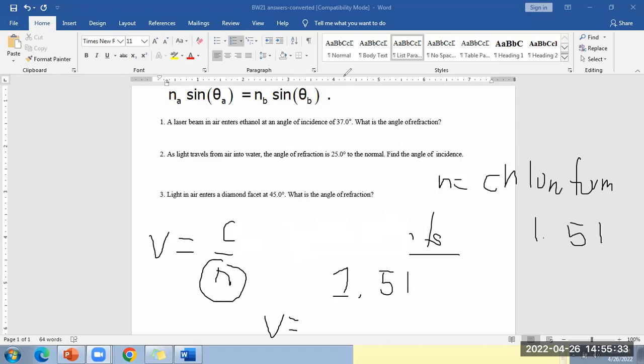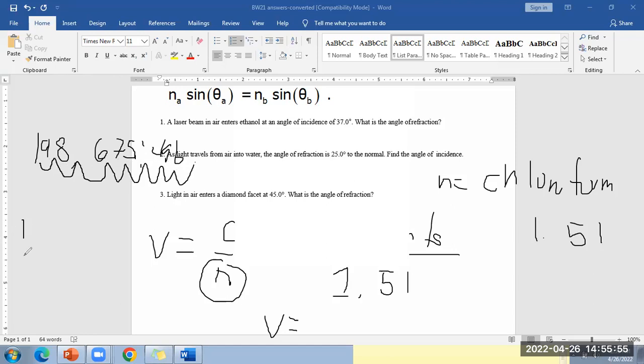Pag gagawin natin sa scientific notation, bibilangin natin ang decimal places, 1, 2, 3, 4, 5, 6, 7, 8, so 1.98 times 10 to the 8 meters per second.